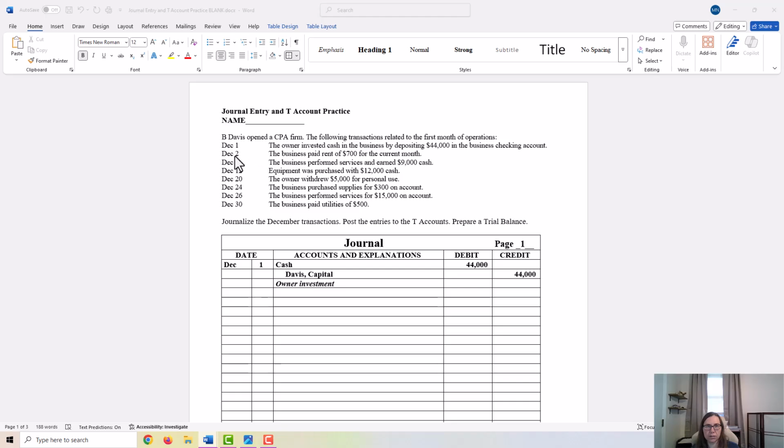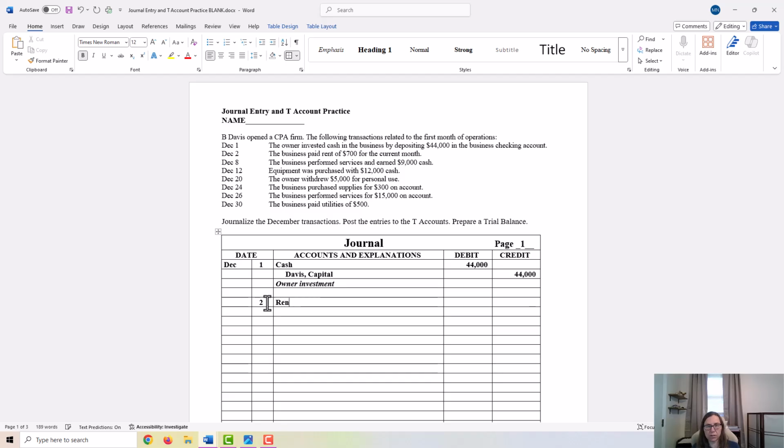Then on the second transaction, on December 2nd, the business paid rent of $700 for the current month. If they're paying rent for the current month, that's going to increase rent expense. So I don't need to put December again. I'm just going to put the second of the month. And in this transaction, we're going to add to rent expense. When you add to expenses, that's a debit.